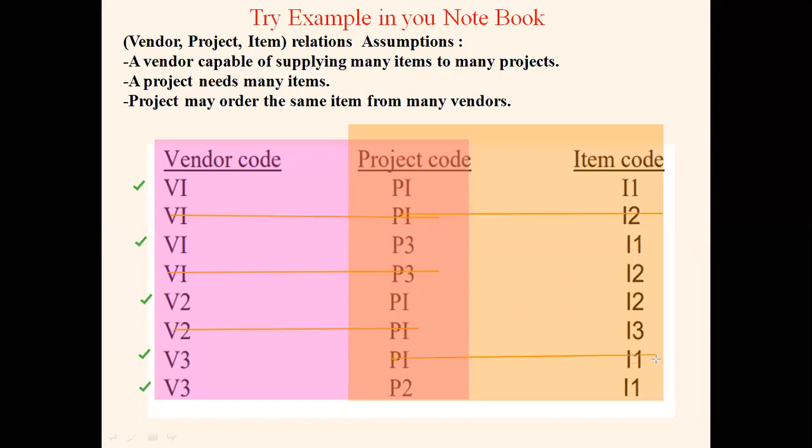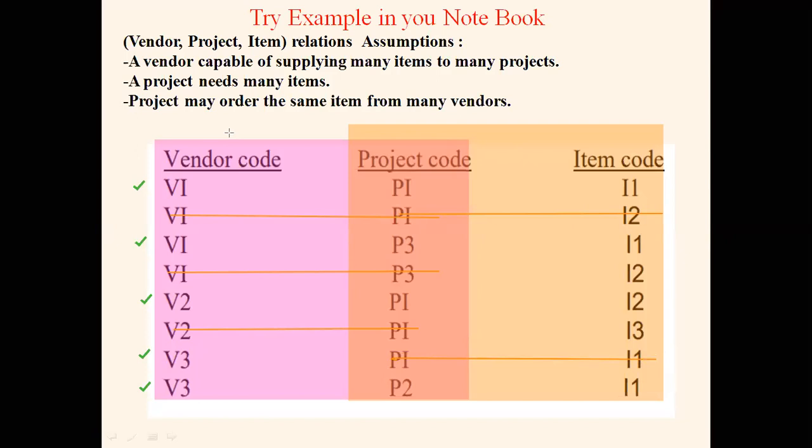So how many tuples do we have in this yellow table? 6 tuples. Very good. And in the pink table, how many tuples do we have? 5 tuples.